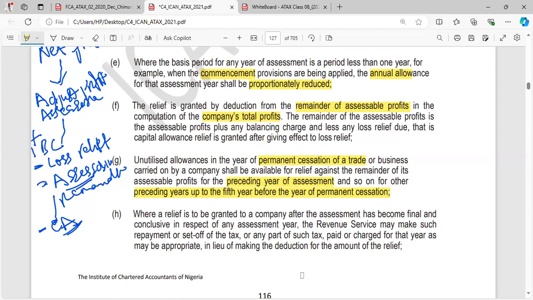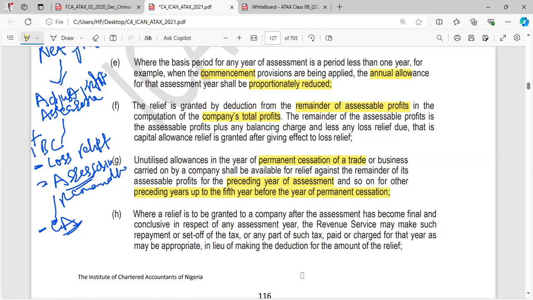So it means that as you're taking it backward for 5 years, and let's say the tax office has finally concluded on those years, it means you've paid tax and that's been concluded. But because there's a cessation of business, you're taking them back, the revenue office will now return the taxes you've paid so that you can claim capital allowance.